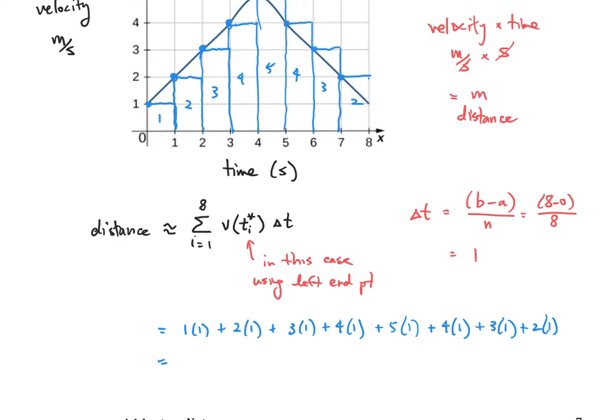So popping all of this into our calculator, we get 24 meters. And that would be our approximation in this case.